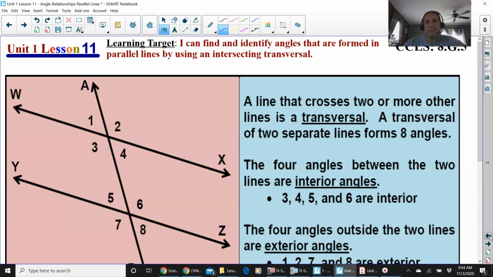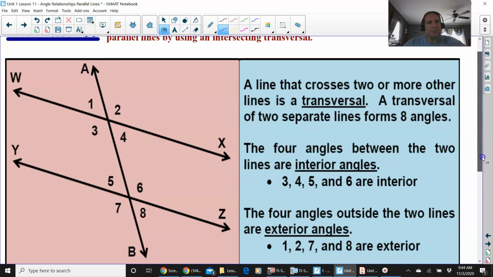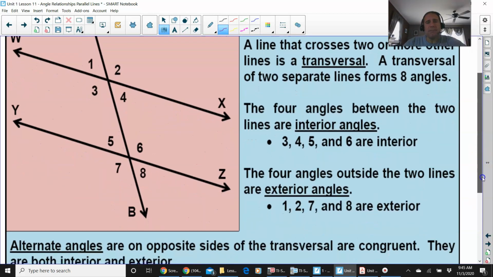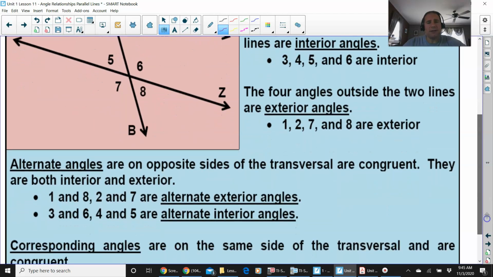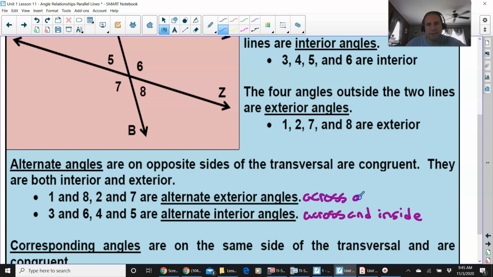But one thing you should probably do is, for alternate interior angles, put right next to it: alternate interior, across and inside. And by me saying inside, I mean inside the parallel lines. This is across and outside.